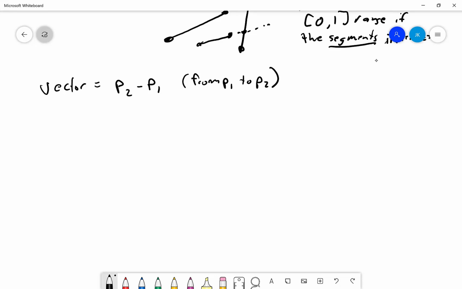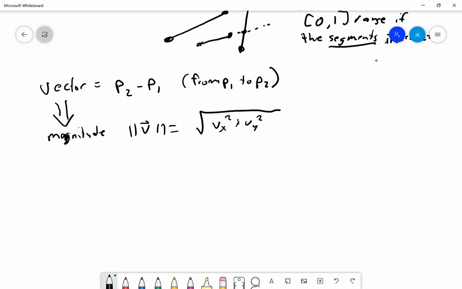And there are things that you can do with the vector. You can get the magnitude, which we often write like that. The magnitude of V is the square root of Vx squared plus Vy squared.